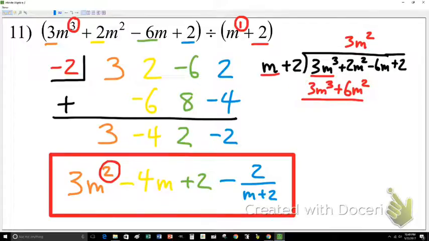So I distribute the negative, and that's going to change the sign on everything there. So I have negative 3m cubed minus 6m squared, and then I'll just add. It's easier. So 3m cubed plus negative 3m cubed is 0. 2m squared plus negative 6m squared is negative 4m squared. Bring down my next term here, and so I have a minus 6m.